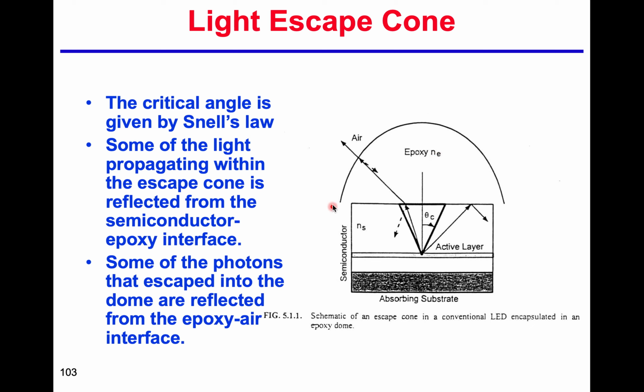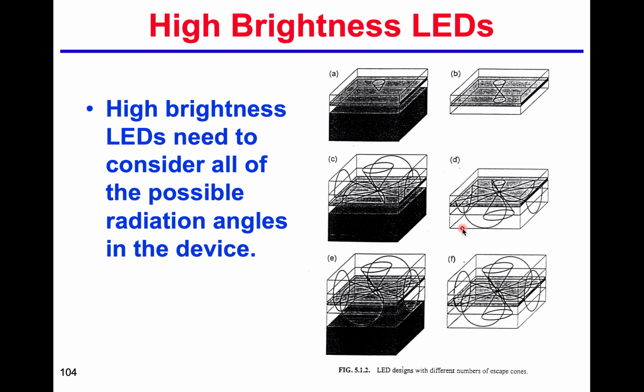One way is that we can put on an encapsulation, for example, the epoxy film, an epoxy layer with a dome shape. We can change the light emission angle here, and also we can broaden the escape cone.